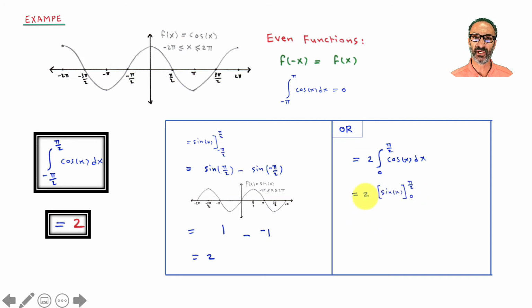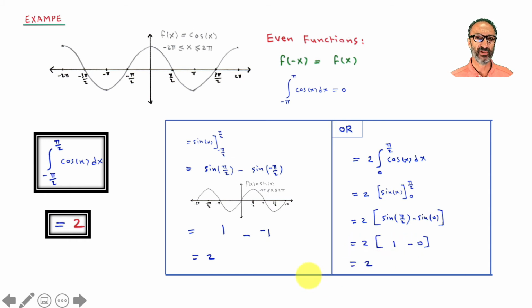I'll leave the 2 out of my way. Go from 0 to pi over 2. Plug in pi over 2 first, plug in 0 next, subtract, as the fundamental theorem part 2 says. Sine of pi over 2 is 1, sine of 0 is 0. 2 times 1 minus 0 is also 2.